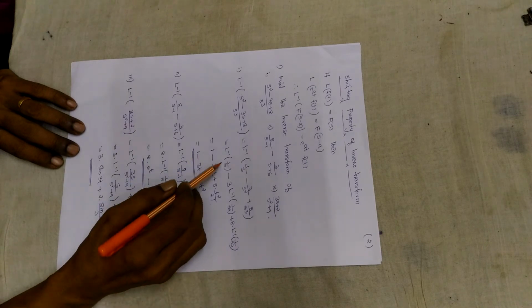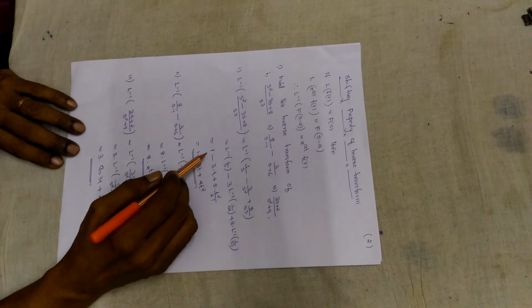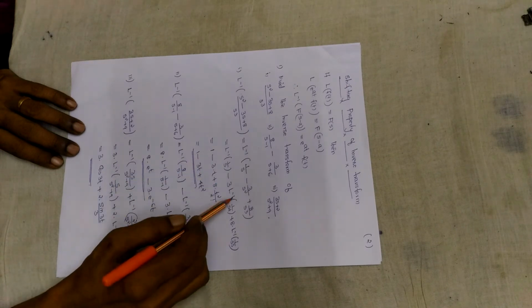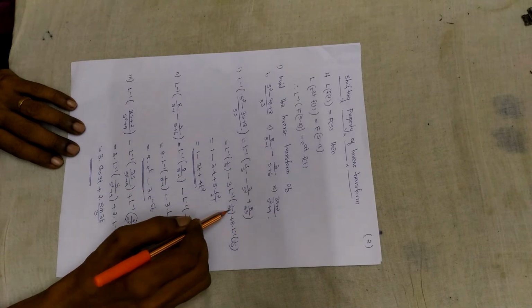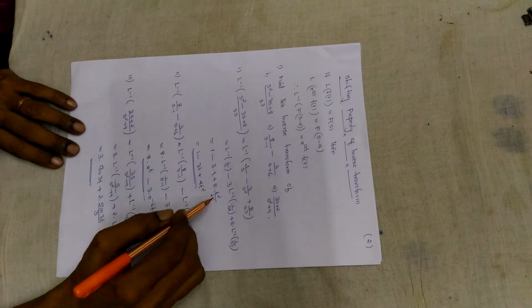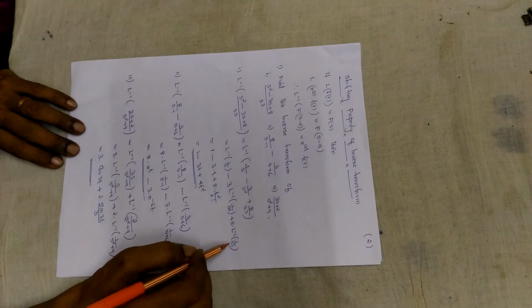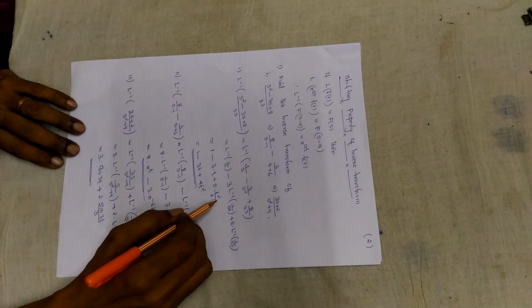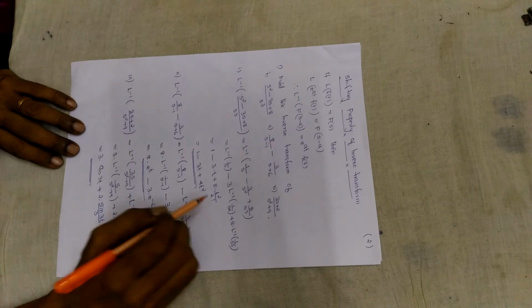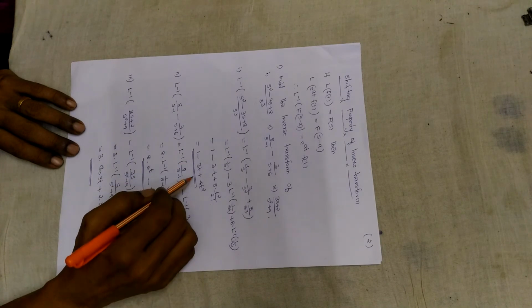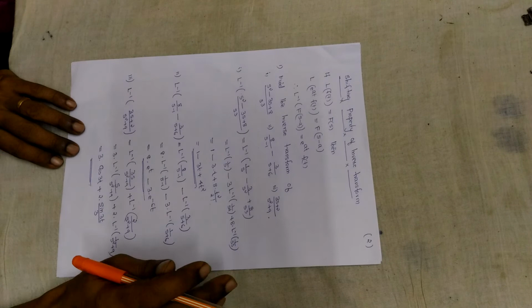So, we know L inverse 1 by s is 1. So 1 minus 3 into L inverse 1 by s square as t, so minus 3t, plus 8 into L inverse of 1 by s cube as t square by 2 factorial. So the answer is 1 minus 3t plus 4t square.